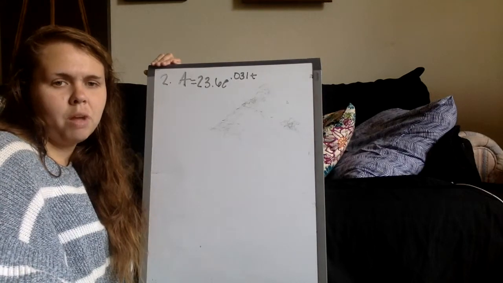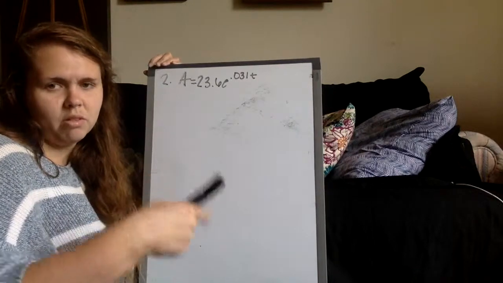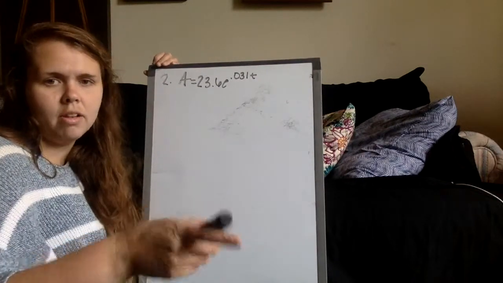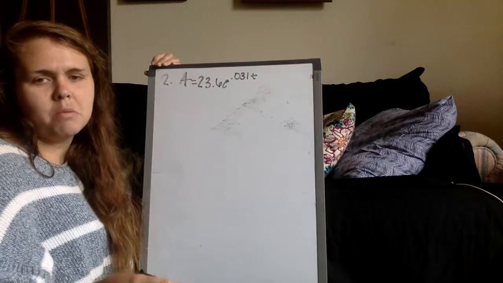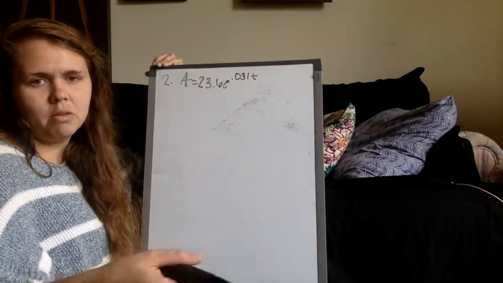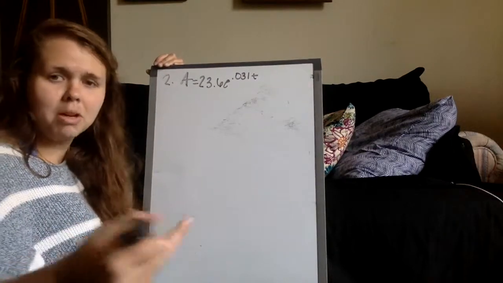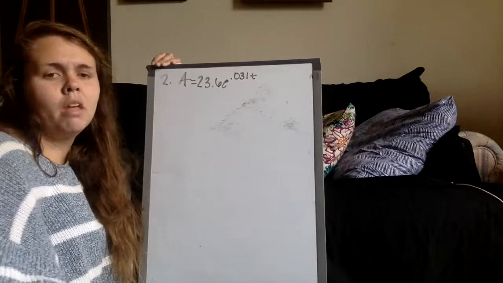What year will... so this one actually has two parts. The previous part was in the previous question, so it's not on this. The first part asks what's the population in 2003. And for that one, all you do is plug in 0 for t because 2003 is 0 years after 2003. So that's not that bad.